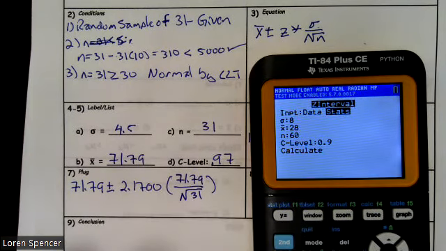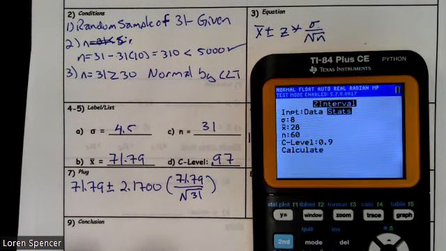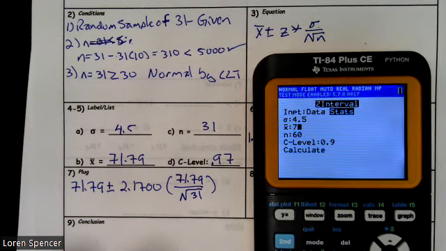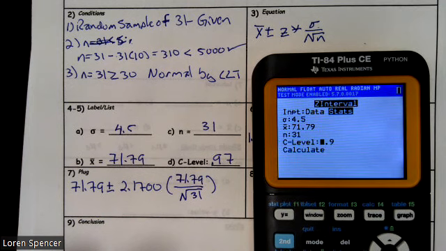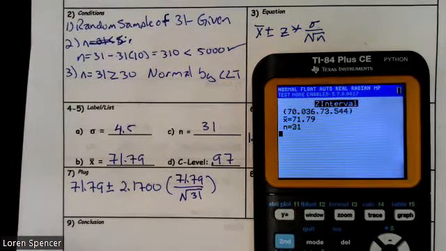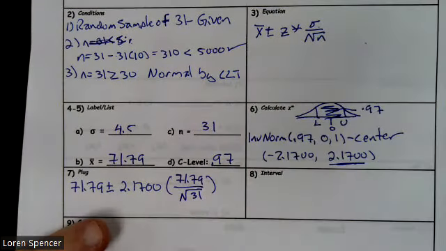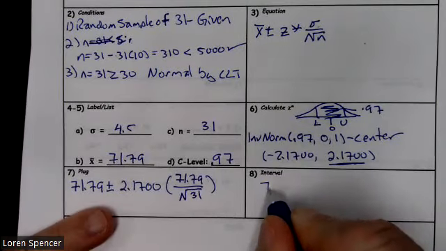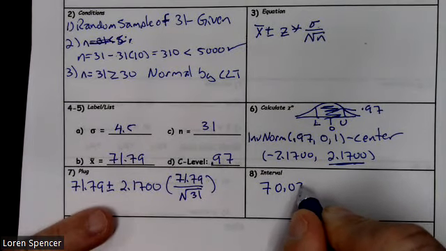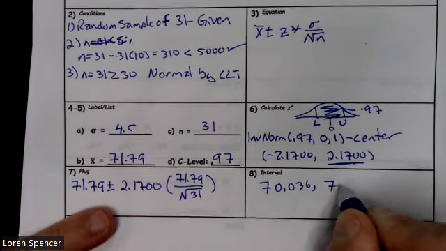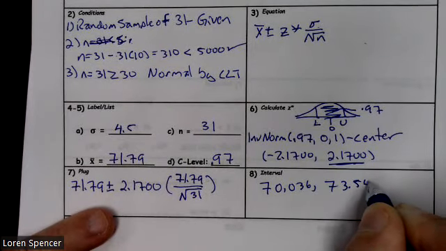Our standard deviation for the population was 4.5. The x bar from the sample mean was 71.79. 31 was our sample size, and our confidence level was 0.97. We end up getting 70.036 to 73.544.